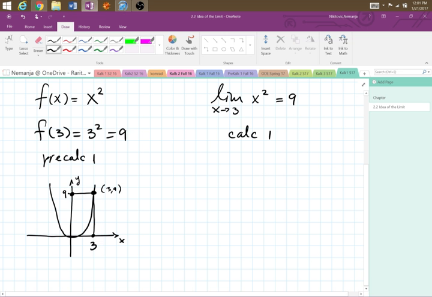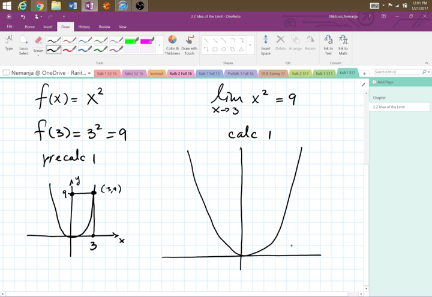Calculus, however, is going to do far more than that. So here's what's happening for calculus. A much bigger graph because we need it. And I'm going to say, let's say right here is 3, which will make this 9.